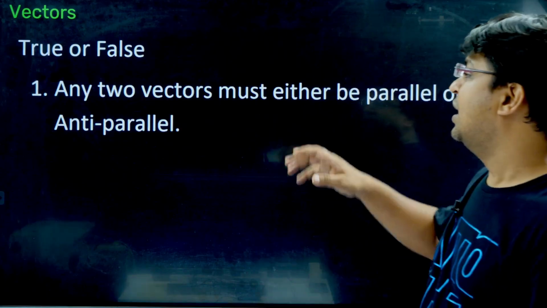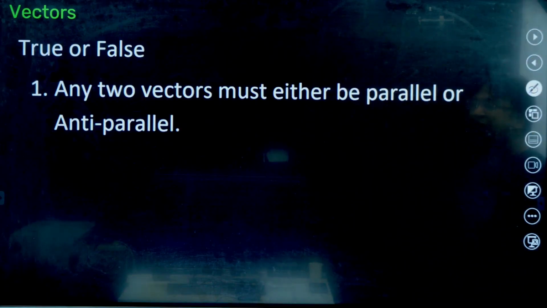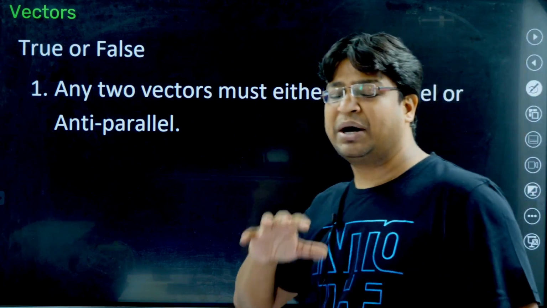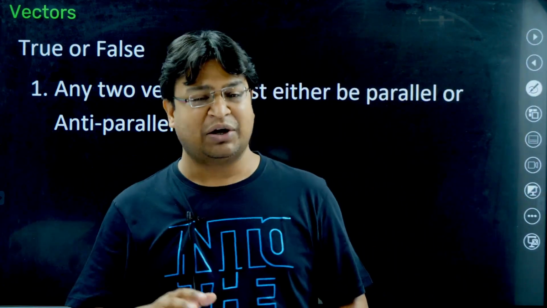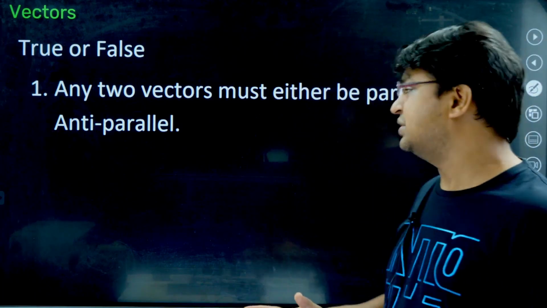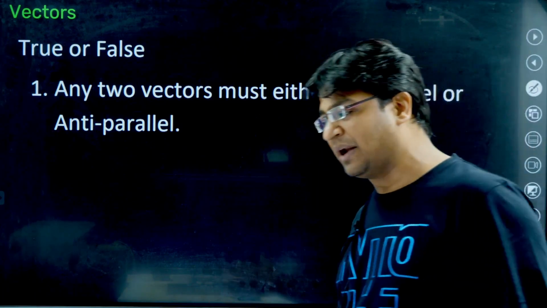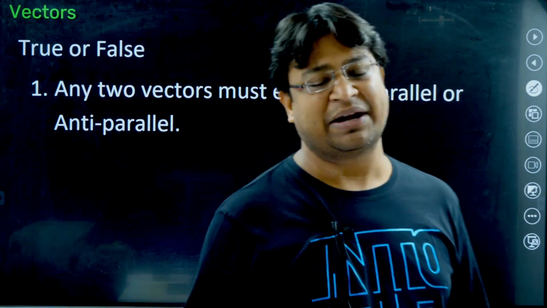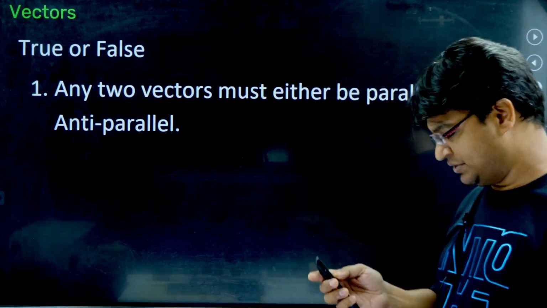Now I'm going to bombard you with a series of statements, and you have to identify whether they are true or false. The first statement is: any two randomly chosen vectors must either be parallel, and if they are not parallel, then the only possibility left is that they must be anti-parallel. Is this true, guys?